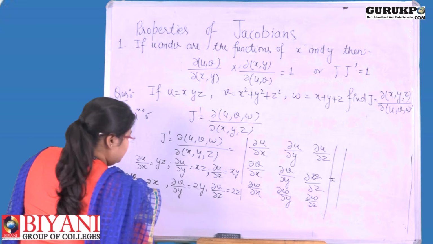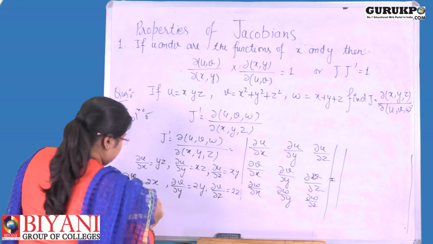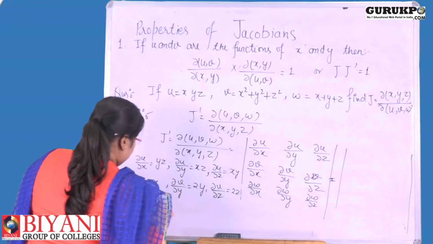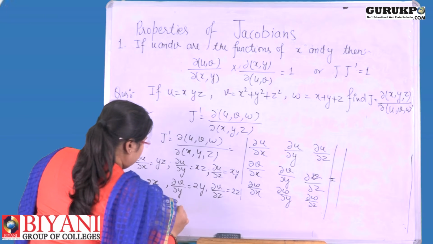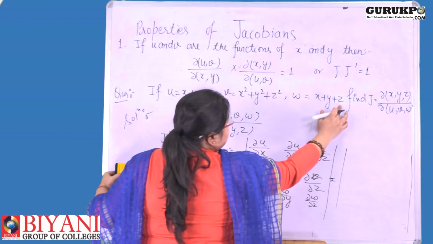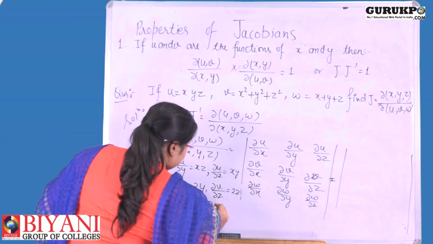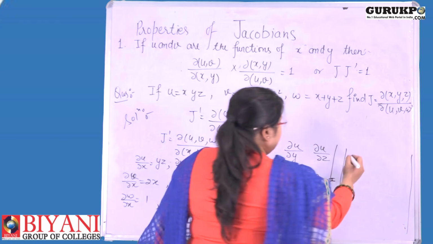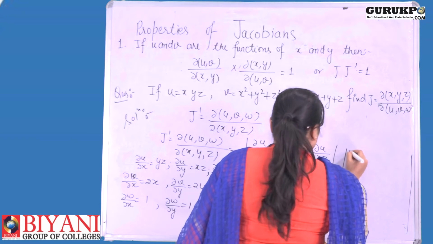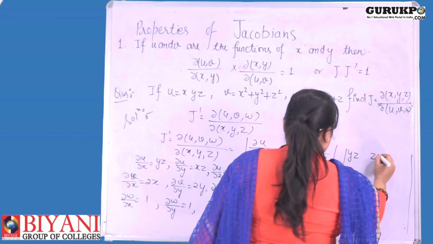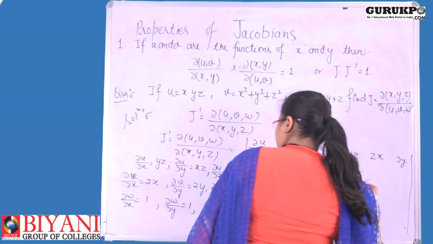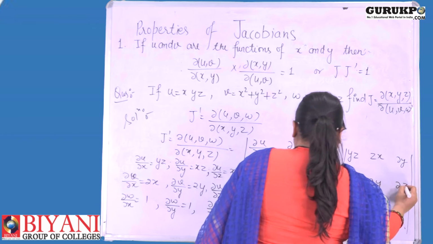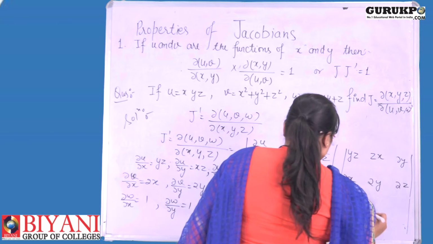Del w upon del x, differentiating with respect to x, is 1, del w upon del y is 0, del w upon del z is 1. We will put all these values in the determinant: yz, zx, xy; 2x, 2y, 2z; 1, 1 and 1.